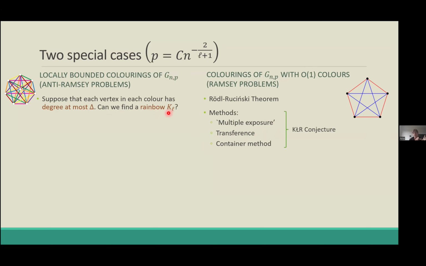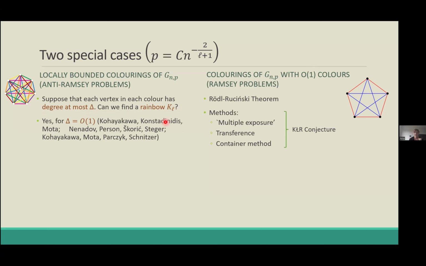So you have a coloring with certain local restrictions, and can you find a rainbow copy of K_L? So our specific restriction is the maximum degree in each color. So we assume that each vertex in each color has degree at most delta, and can you then find a rainbow copy of K_L? And this problem has been previously looked at by a number of authors.